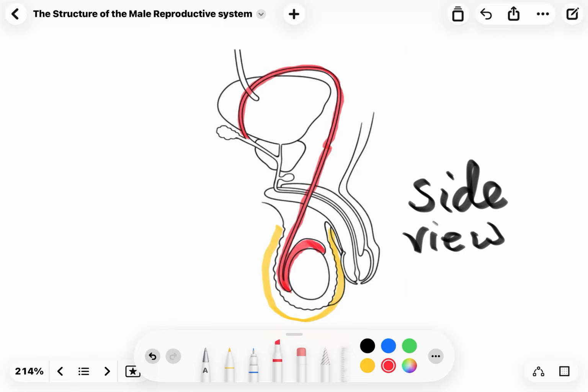The third section of the system of tubes would be this one. And lastly, the fourth section of this system of tubes would be this one that leads to the external environment.